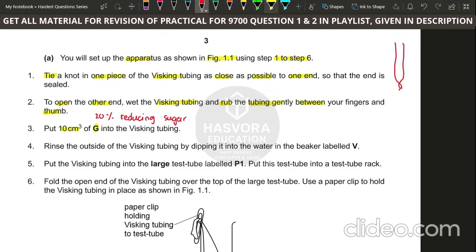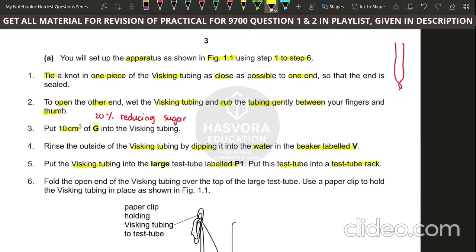Then we have to rinse the outside of the whisking tubing by dipping it into the water in the beaker labeled V. So V will be the distilled water, and it will be for rinsing, not for adding into the beaker. Put the whisking tubing into the large test tube P1 and put this test tube into a test tube rack.